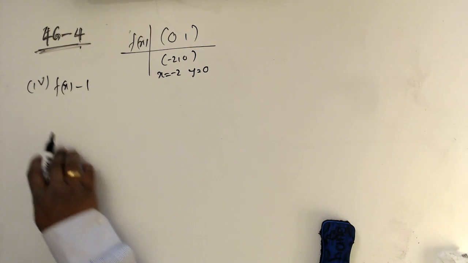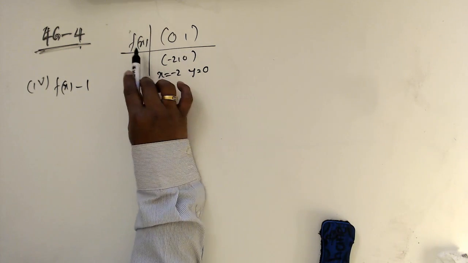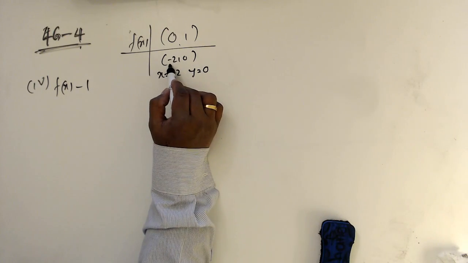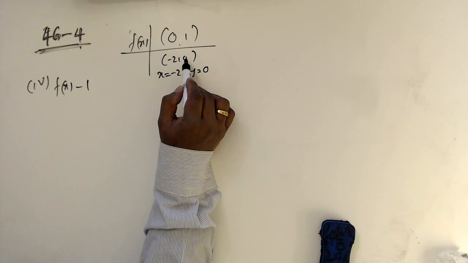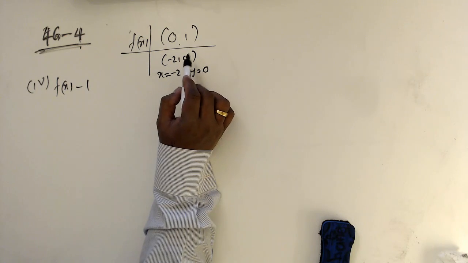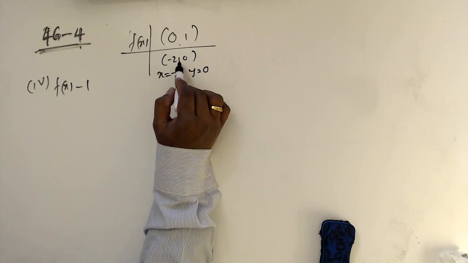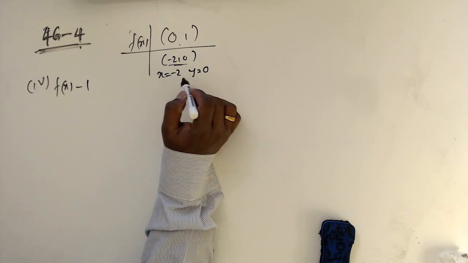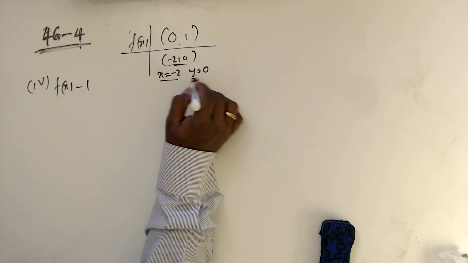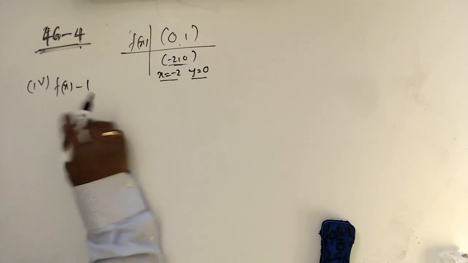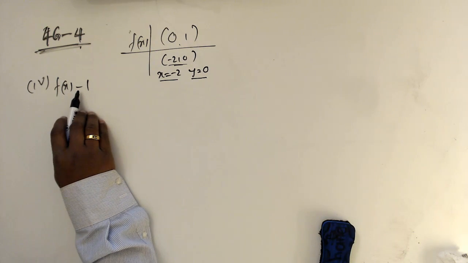Number 4. So this is the main curve f(x). We have 1 point on here, 0, 1. And this is the point where the asymptotes cross, the intersection point of the asymptotes, which is minus 2, 0. So I'll consider this as a point because I know x equals minus 2 and y equals 0 are the asymptotes. Now f(x) minus 3. When I look at this one, I know that this is going to affect not the x values but the y values.